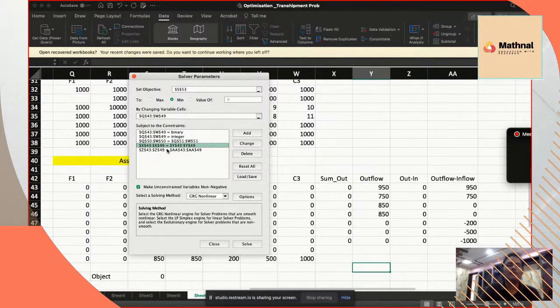And the last one is the out minus in, which has to be equal to these values. So I'll just go to simplex LP and solve this problem. Let's see whether we get the solution or not.